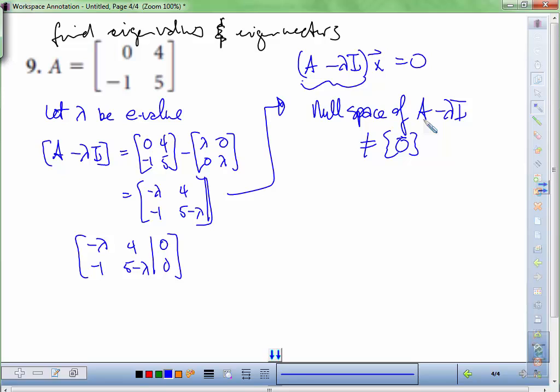Remember the null spaces of our vector spaces, in this case we're in R2, are either the 0 vector only, a line that passes through the origin, or all of R2. And if we want to obtain a vector out of this equation, then we want the null space to be not equal to 0. So we want to know when the determinant is equal to 0.